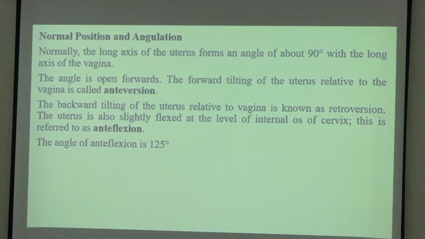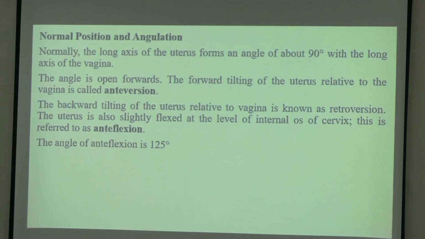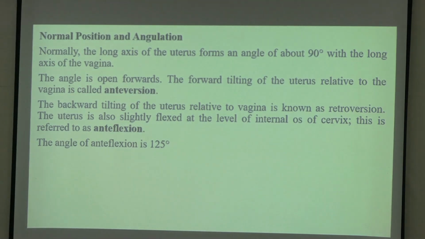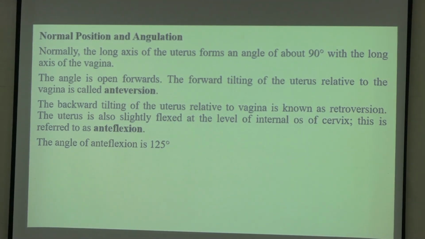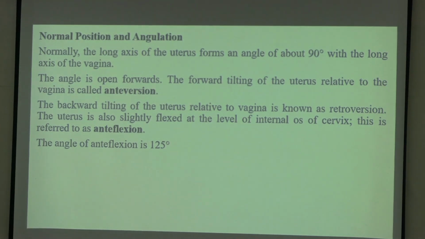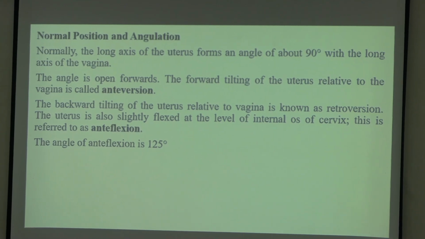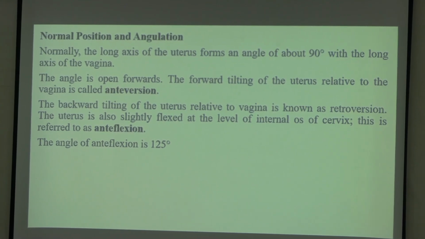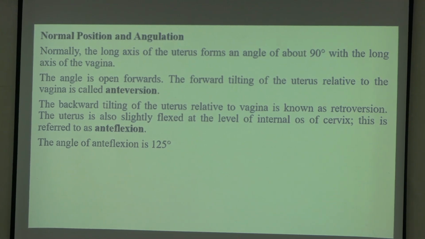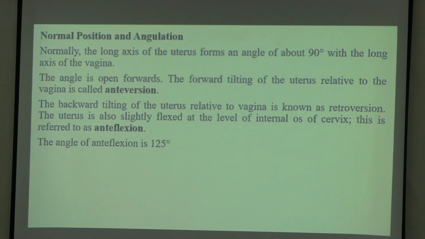Next, this is a very important part: the normal position and angulation of the uterus. How do you think the uterus is situated in the pelvic cavity? Is it straight? It is not straight. If you see the long axis of the vagina and the long axis of the uterus, they are perpendicular to each other, like this, having a 90-degree angle.